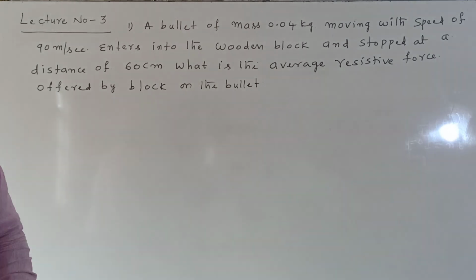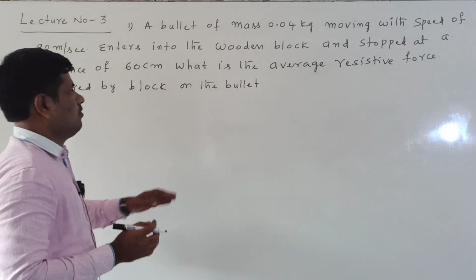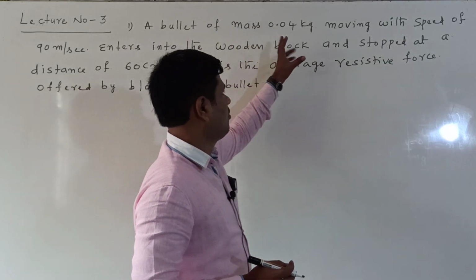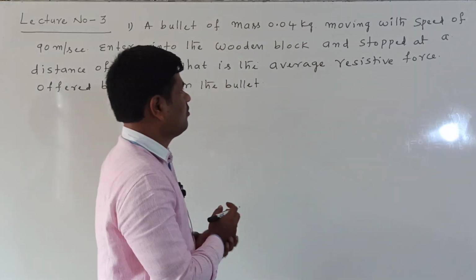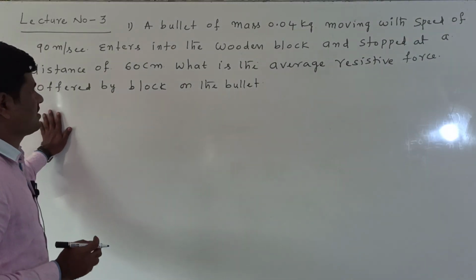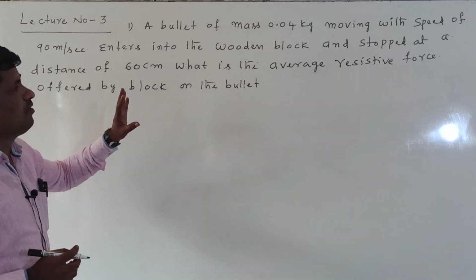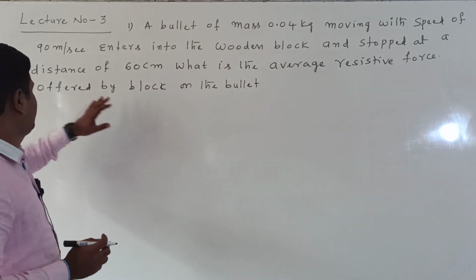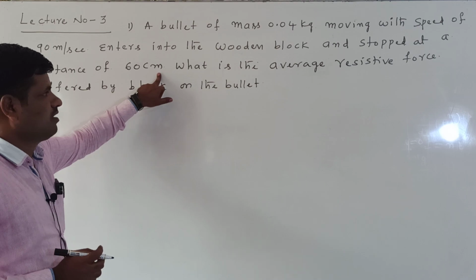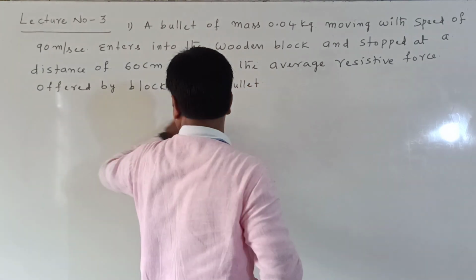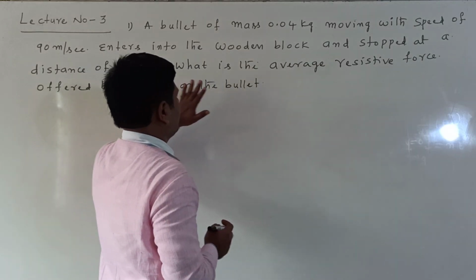So the question is: a bullet of mass 0.04 kg is moving with a speed of 90 meter per second, enters into the wooden block and stopped at a distance of 60 centimeter. What is the average resistive force offered by the block on the bullet?